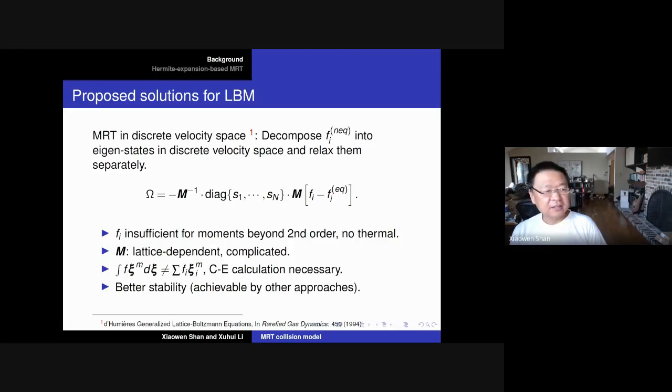The basic idea is that you decompose the non-equilibrium part of the distribution function into eigenstates that represent the important moments, and then the collision term becomes a matrix that you can diagonalize, and then the diagonal values are the eigenvalues which you can tune, or you can make them represent different relaxation rates.